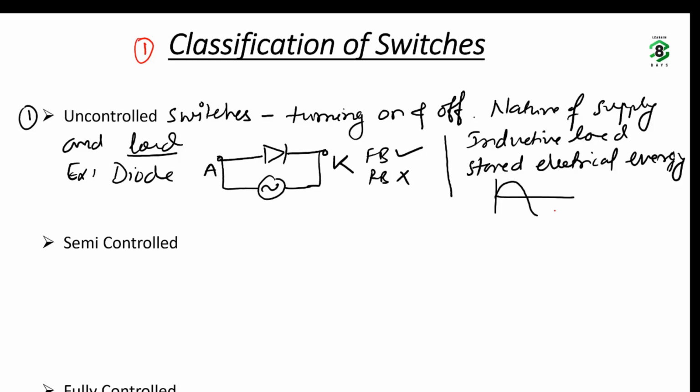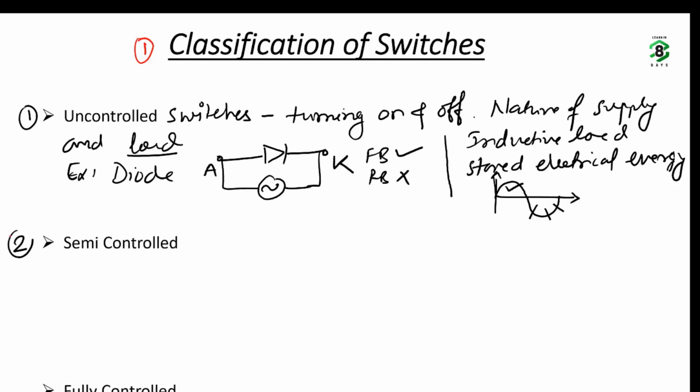That is, it will conduct in this cycle as well as, to some extent, in the negative cycle also. But how far it will conduct will be decided by the inductance value in the load or in the circuit. So this is the first, that is, the uncontrolled switch.